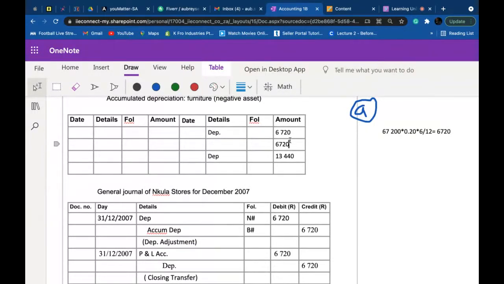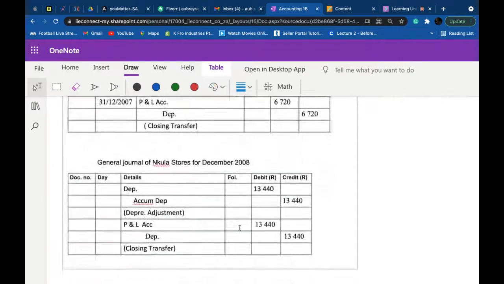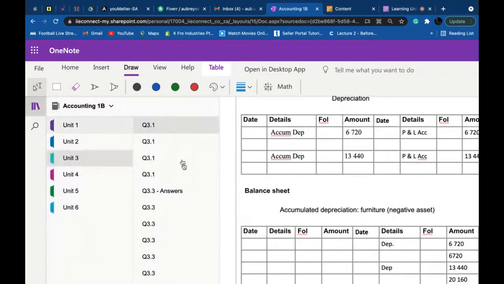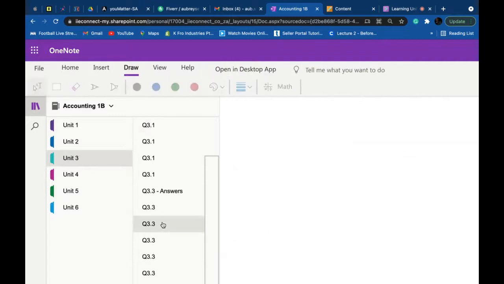If you add those two together, I think you get 20,160. So if we were to then calculate our accumulated depreciation thus far, it would be this 20,160. Okay, let me leave that for now. And that is everything that we needed to do for 3.1. So now what I want us to quickly do is just to do 3.2 and 3.3 as well, and then that will be it for today.